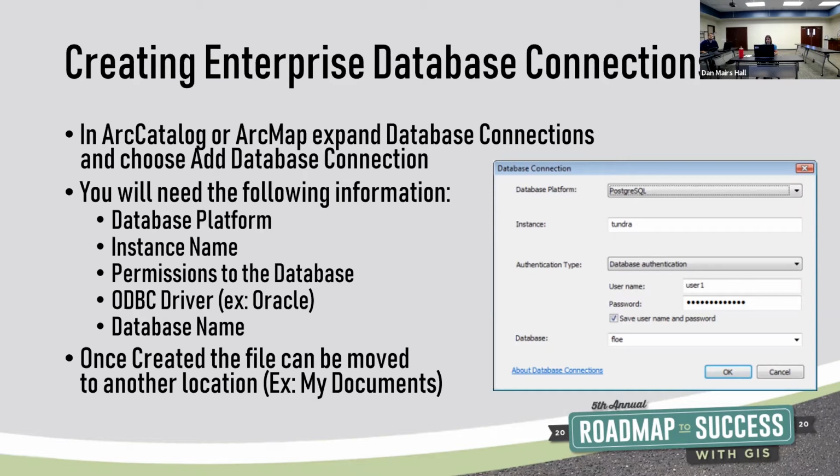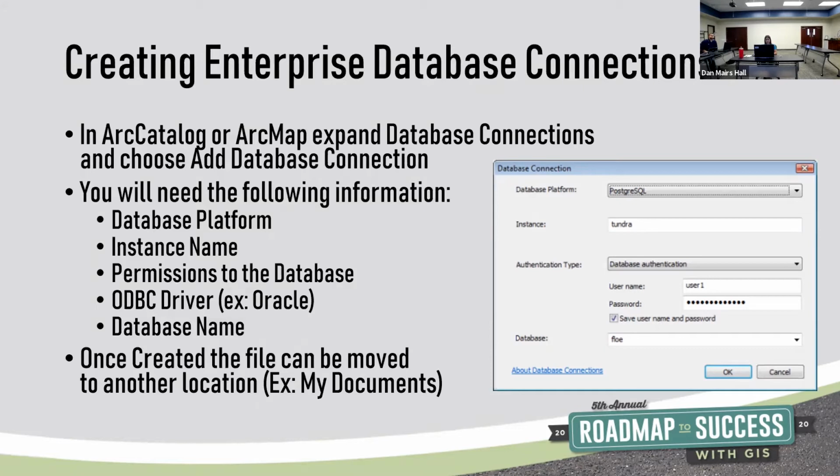You would need the following information before you even try to make a database connection, and that is the platform, whether it's a Postgres, an Oracle, a SQL; the instance or service name. Oracles have what's called a service name. And then permissions to that database. You need to either have Windows authentication enabled on that and have permission, or have database authentication and permissions.